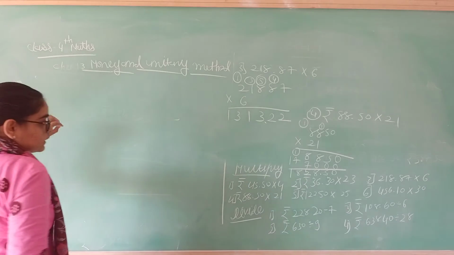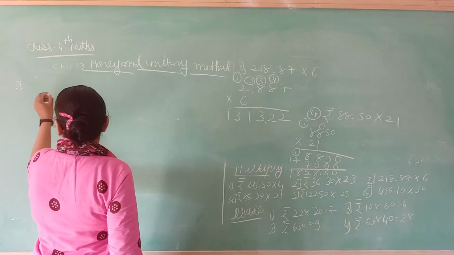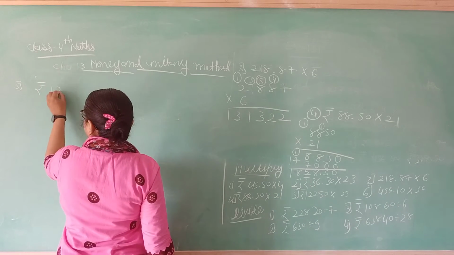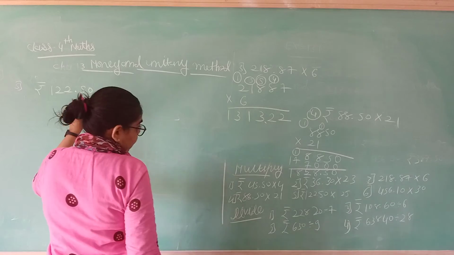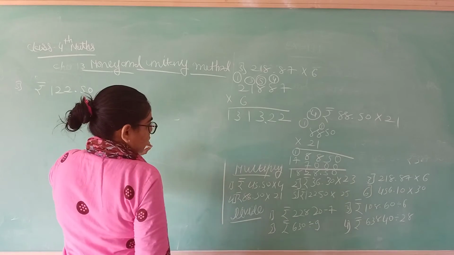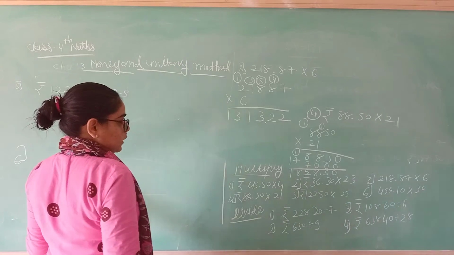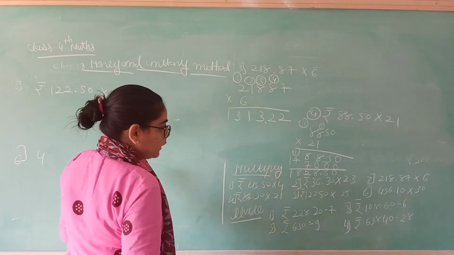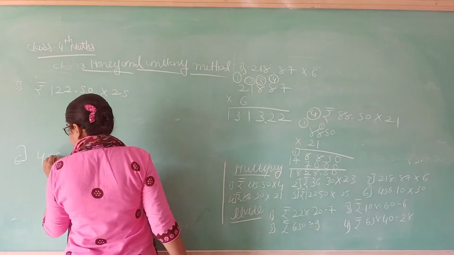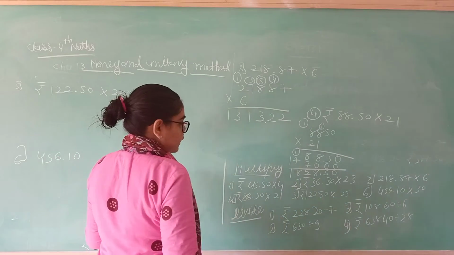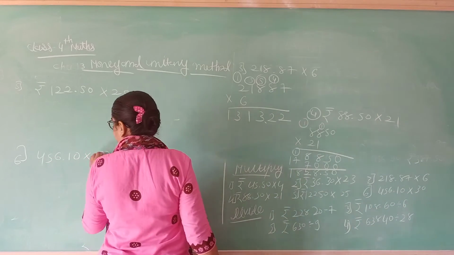Then next sum is the fifth number. The fifth number sum is rupees 122.50 into 25, and the sixth number sum is 456.10 into 30.